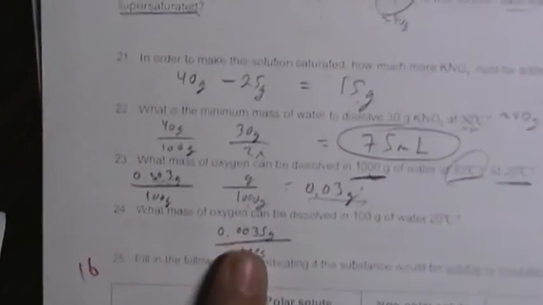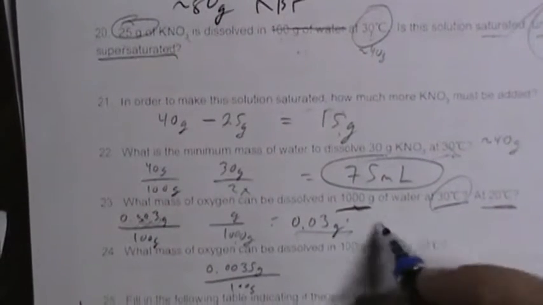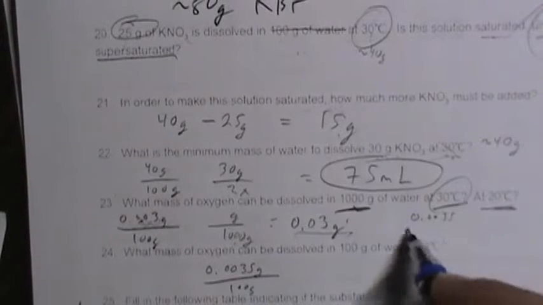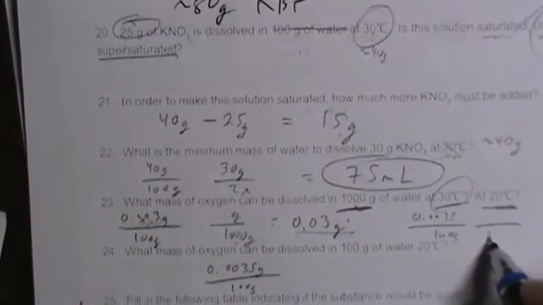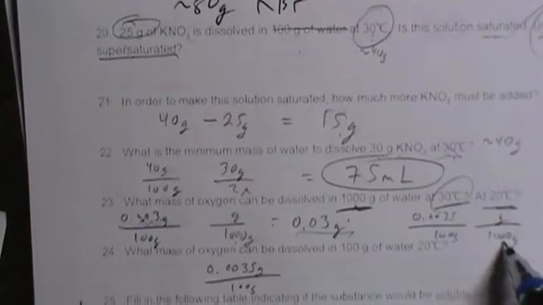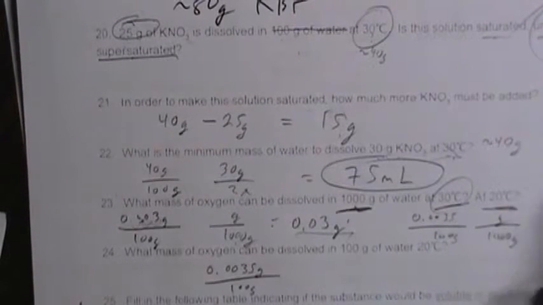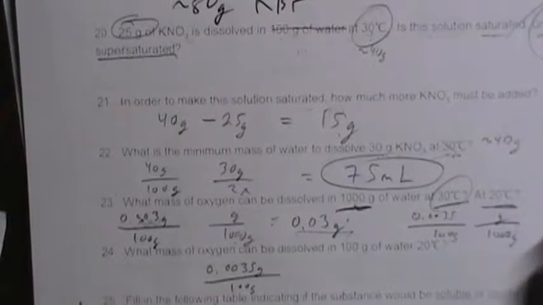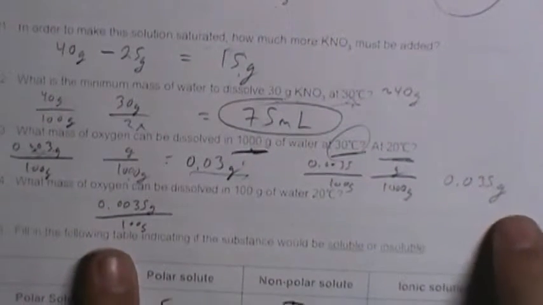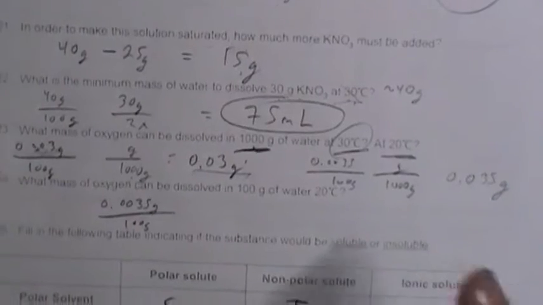Whoops, started to write that under the wrong problem, because we were doing out of 1,000 grams. Again, we set up a proportion, cross multiply, divide, and we wind up moving the decimal over by one. Oops, off the screen. There we go. 0.035 grams.